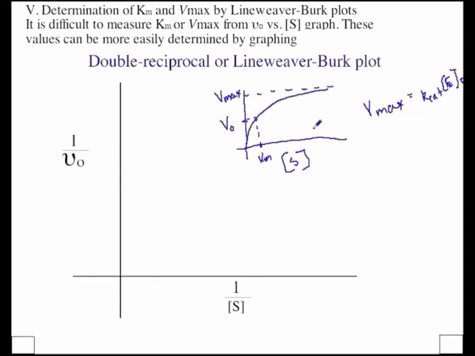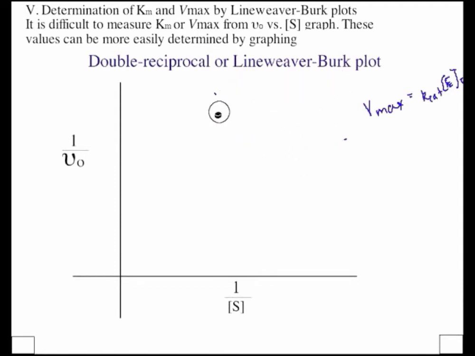So let's talk about some easier ways of getting Vmax and Km, and therefore making it easier to get KCAT. The first method that's a bit easier is termed the double reciprocal plot, also known as the Lineweaver-Burk plot. Let's go ahead and look at that.